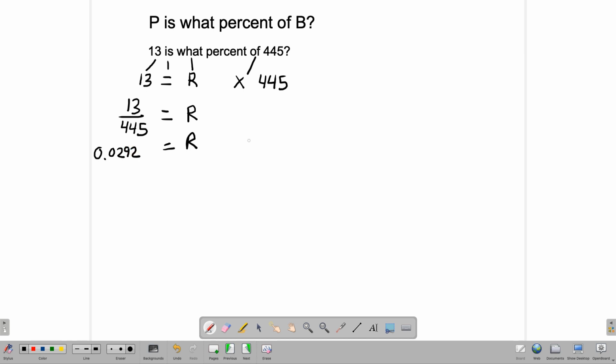Okay, so let's test this out. So our original problem is 13 equals the rate times the base of 445. So let's say that in this case we just replace the rate with 0.0292 and then multiply it times 445.